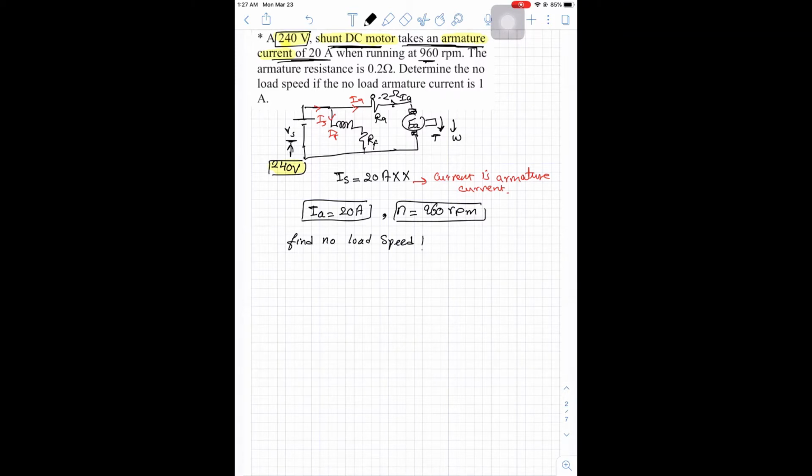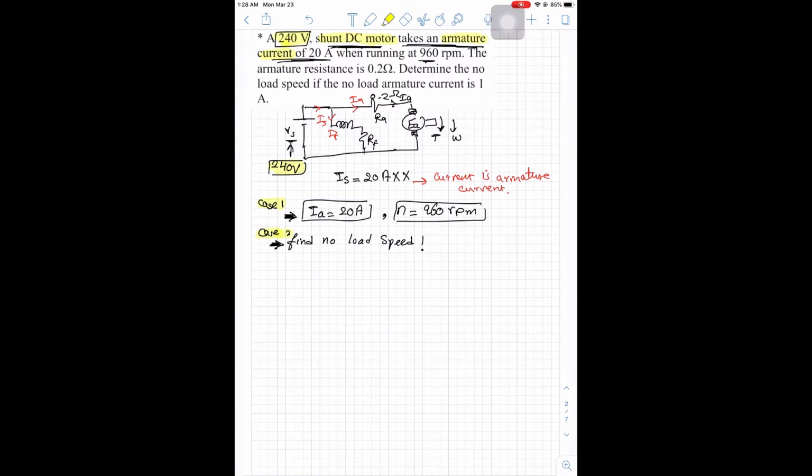You are given a certain loading condition and you are asked to find the speed at a different loading condition. So we can divide this into case 1 and case 2. Case 1 has given IA and given speed, and for case 2 we only know that it is no load.